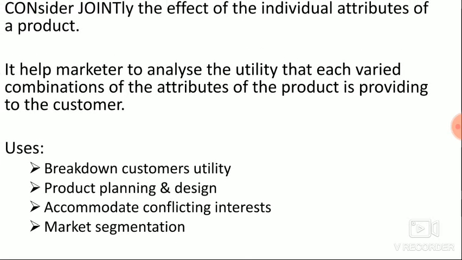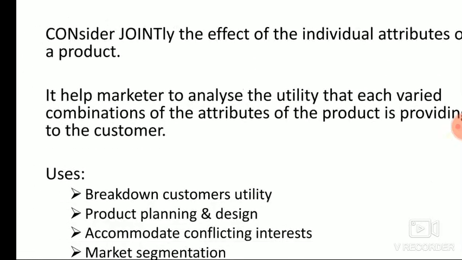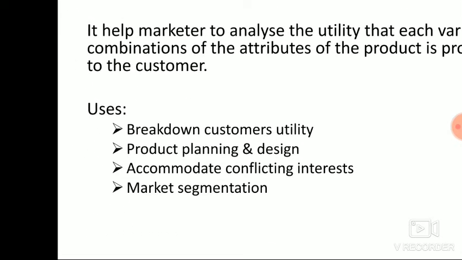We can break down the customer utility, because every customer's needs differ. Some customers like its flavor, some like its color, some like its design, some like its price. So it can be measured through conjoint analysis. With the help of conjoint analysis, a marketer or manufacturer can make an effective plan and design of their products.